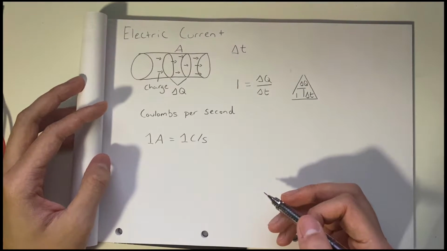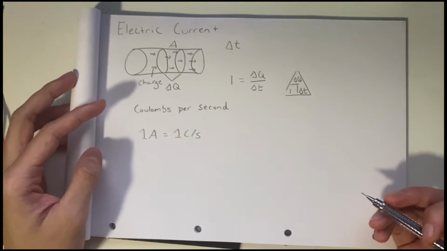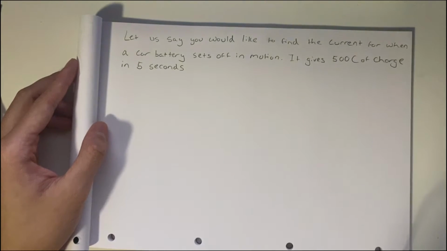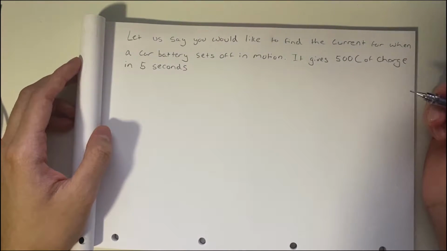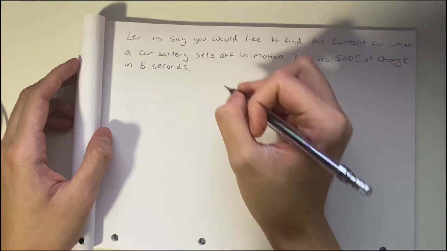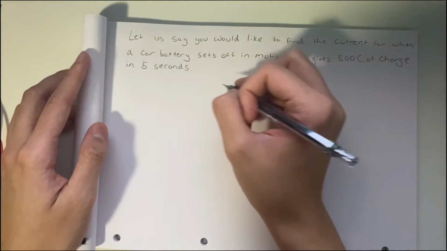How is this useful to us, you might ask? Well, let's do a simple question. Let us say you would like to find the current for when a car battery sets off in motion. It gives 500 coulombs of charge in 5 seconds. We can easily do this by using our newfound equation.